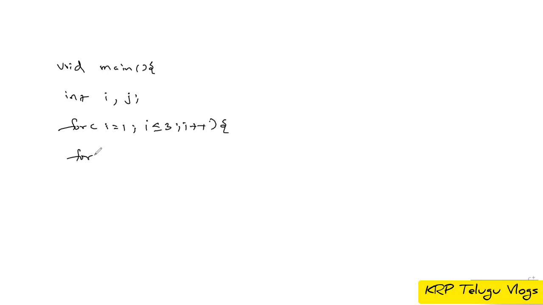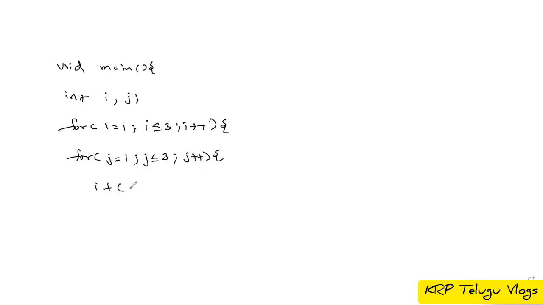Now I'm having void main. Okay, I'll take int i, j. For i is equal to 1, i less than or equal to 3, i plus plus. For j is equal to 1, j less than or equal to 3, j plus plus.